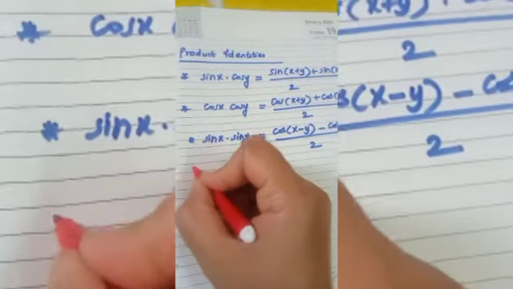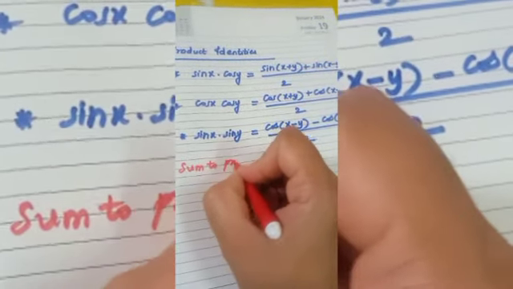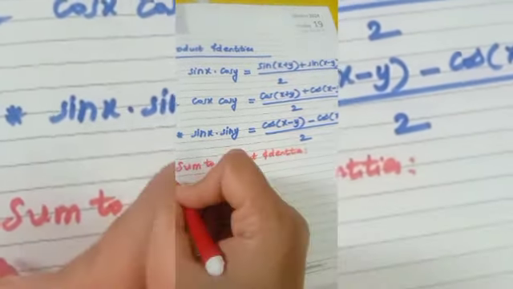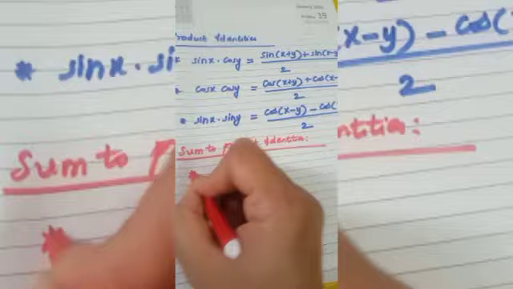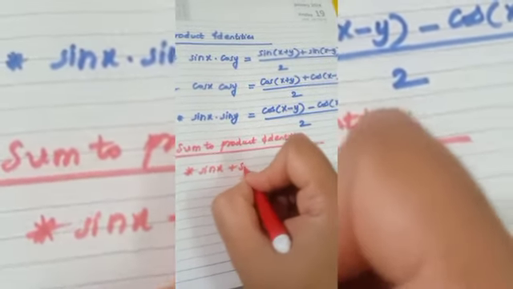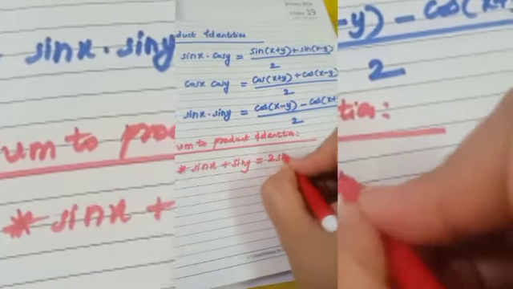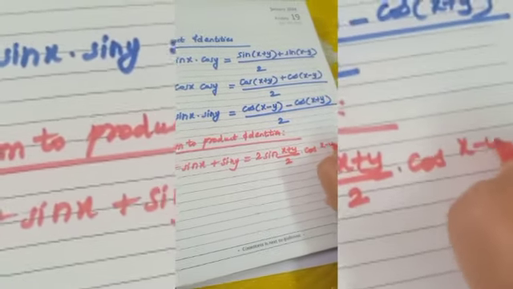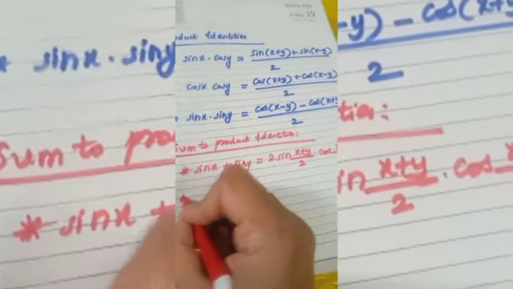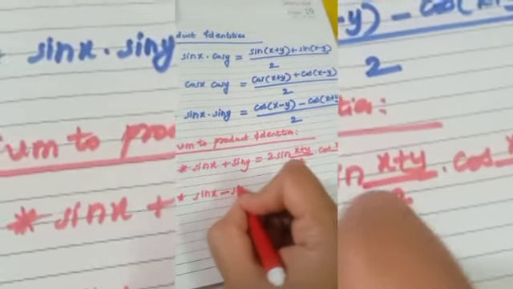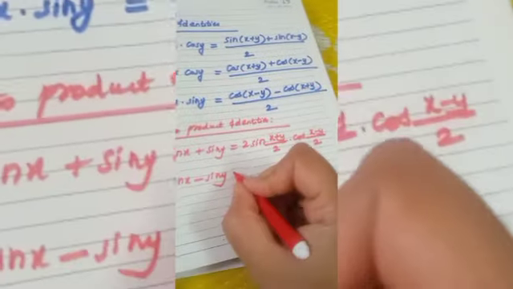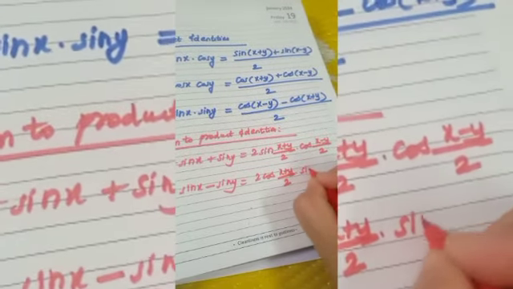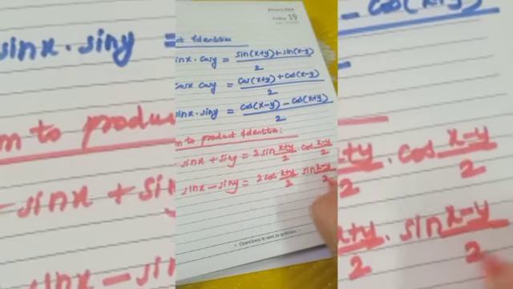Next, we have to focus on sum to product identities. Here we have to focus on 4 formulas. Sin x plus sin y is equal to 2 sin of x plus y by 2 into cos of x minus y by 2. Sin x minus sin y is equal to 2 cos of x plus y by 2 into sin of x minus y by 2.